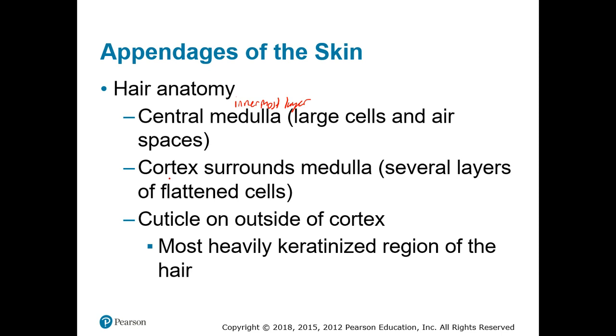These are several layers of flattened cells. So this cortex is going to be your middle. And then your outermost layer is known as your cuticle, and this covers the cortex. This is our most heavily keratinized region of hair. And remember, keratin gives hair its toughness, but also helps waterproof it as well.